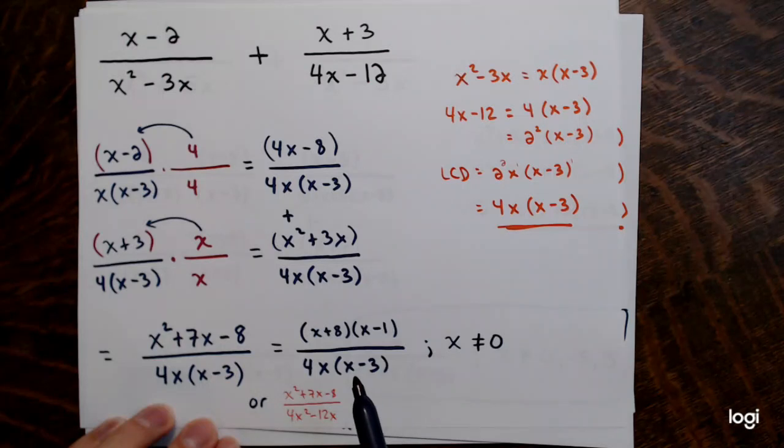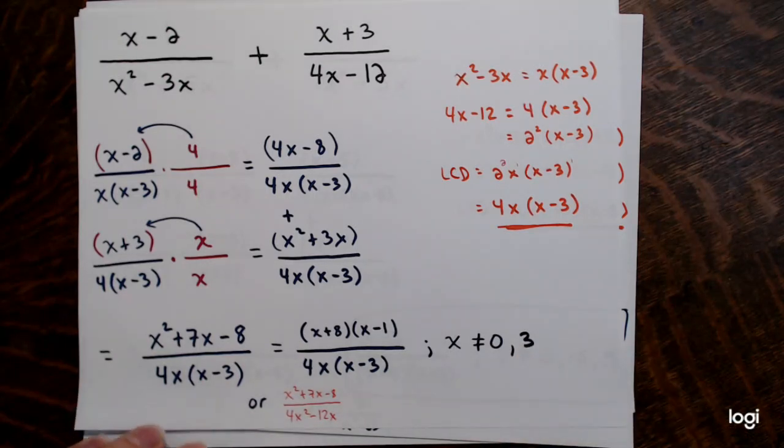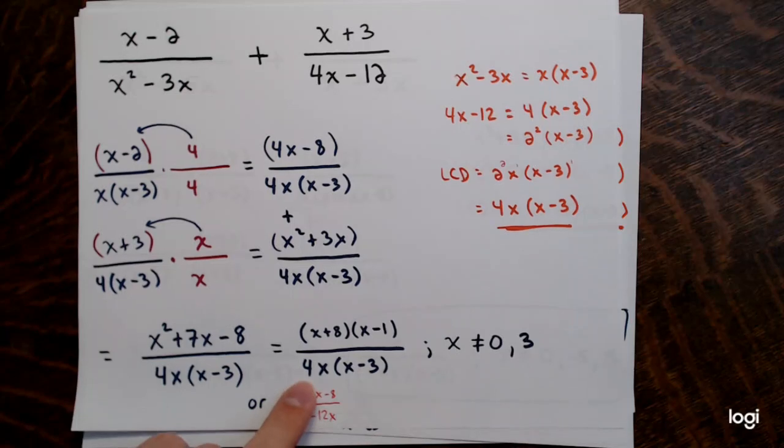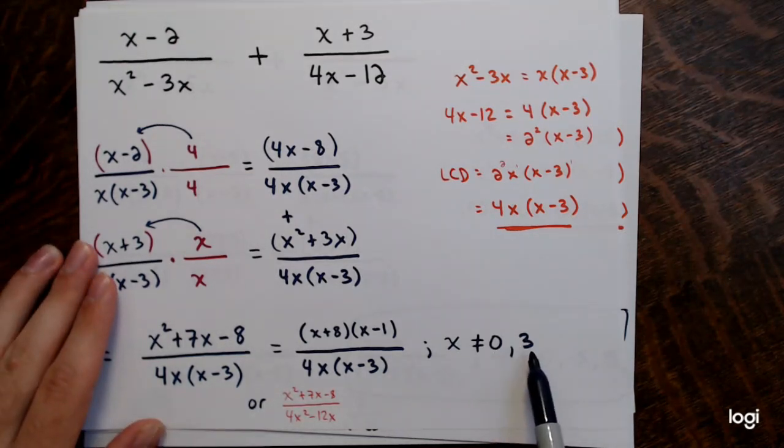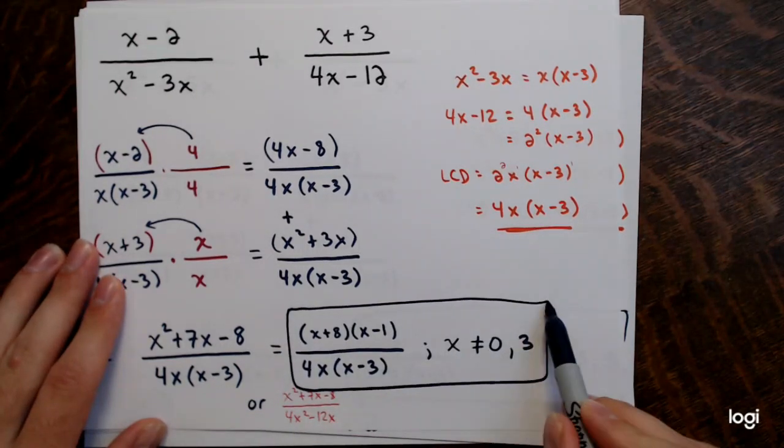I'm also seeing factors of x minus 3 in the denominators, so x cannot be 3 either. And those are the only factors with variables that show up. Yeah, there's 4, but 4 is never going to be 0, right? 4 doesn't have any variables. So those are the only factors with variables that show up in the denominators. So 0 and 3 are the only values that are no good. I cannot plug those in, but anything else is fine.